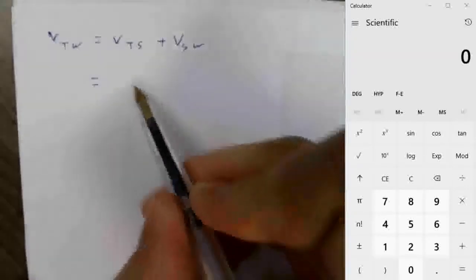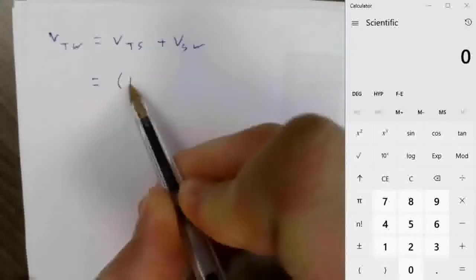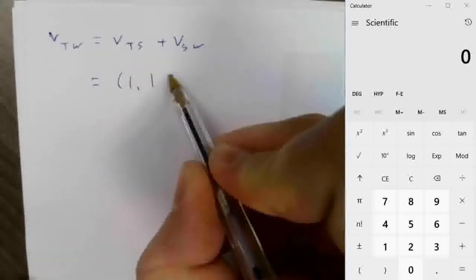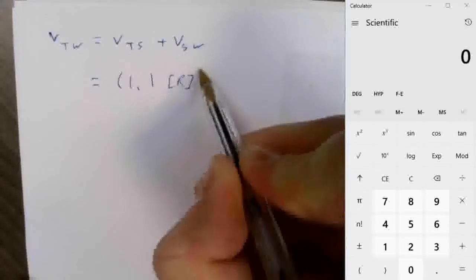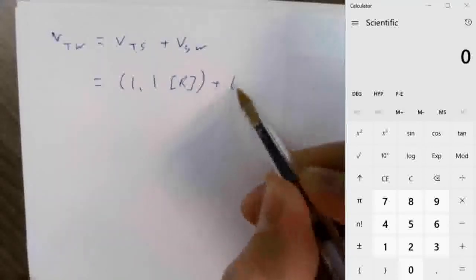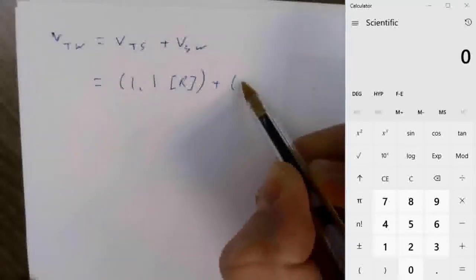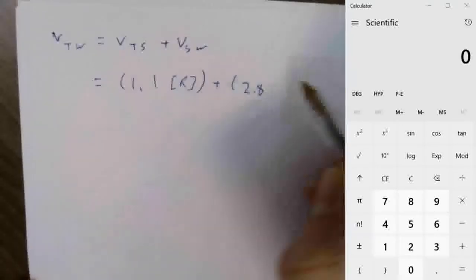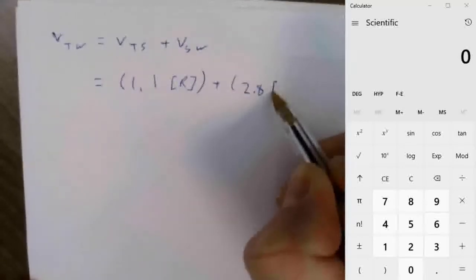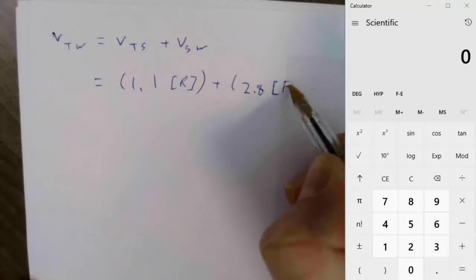So to fill this in, we would replace VTS with 1.1 to the right, that's the starboard direction, plus our VSW, which is 2.8, and that would be forward.